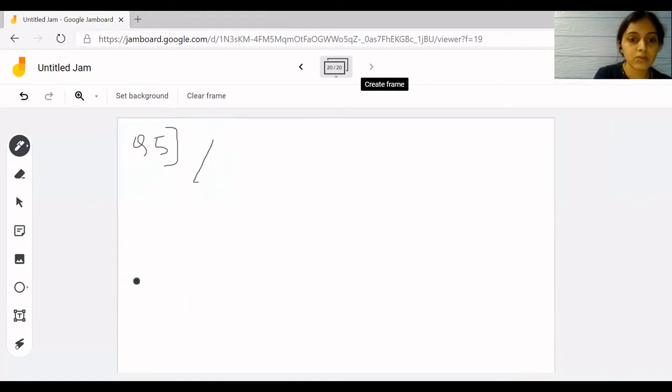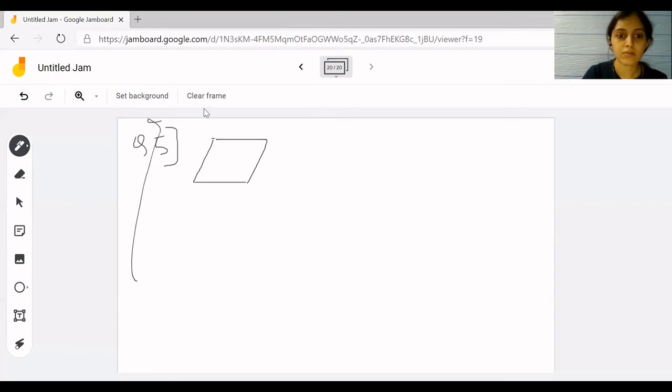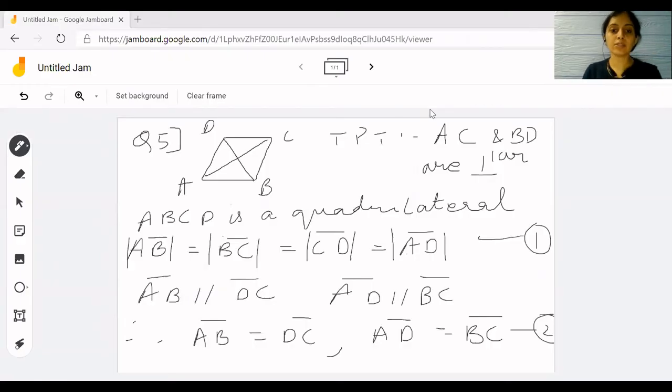So let us first take a quadrilateral, and we'll call this A. Question 5 says that ABCD is a quadrilateral in which all the sides are equal and opposite sides are parallel to each other.